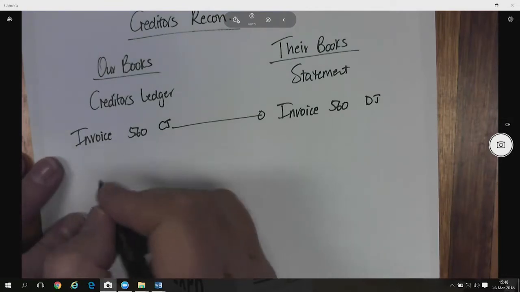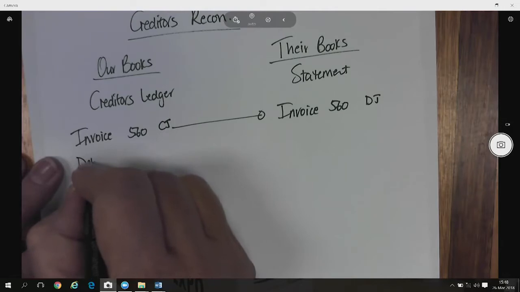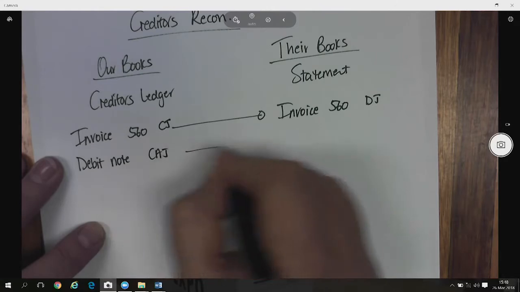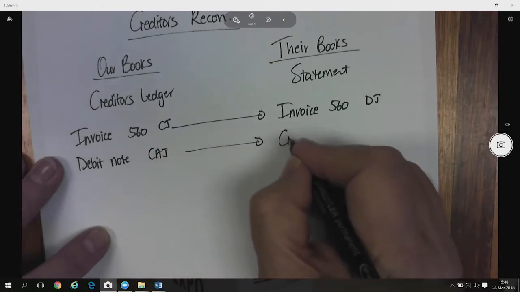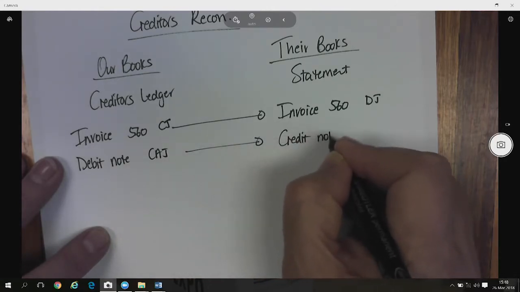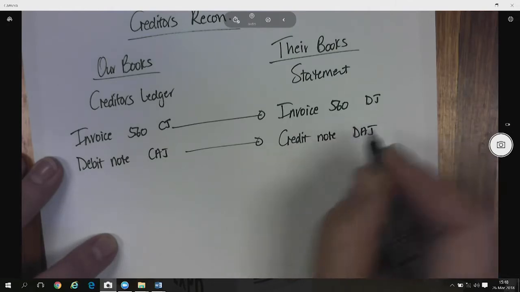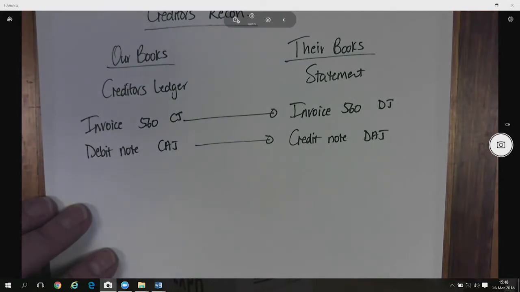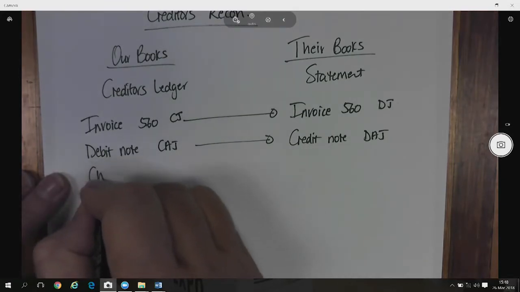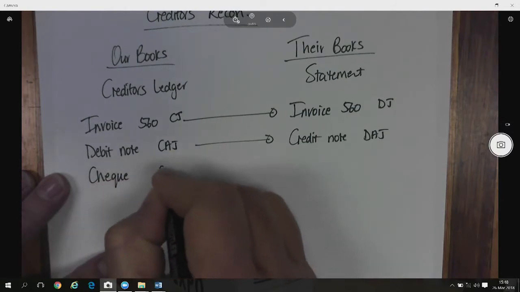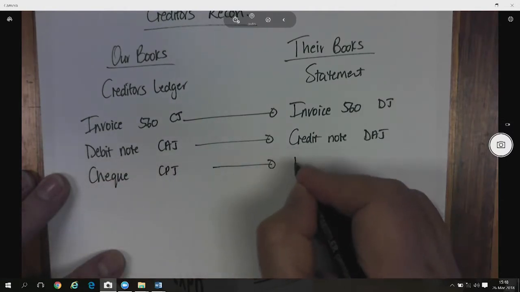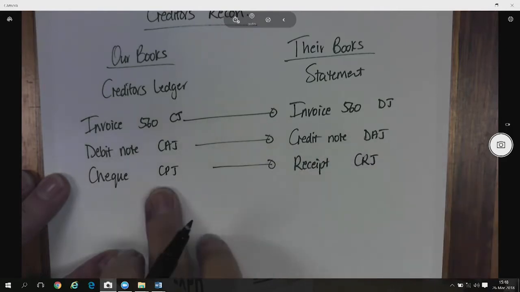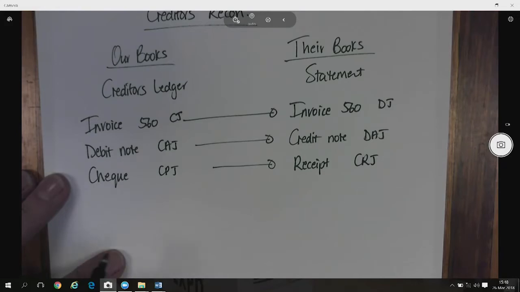When we send back something, we will send them a debit note that we put in the CAJ, and they will use a credit note that they put in the DAJ. So you compare a debit note in our books to a credit note on the statement. When we pay them, we will show a check in the CPJ, and they will show a receipt in the CRJ, because we pay the money, they receive the money.